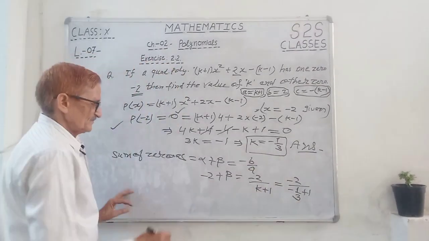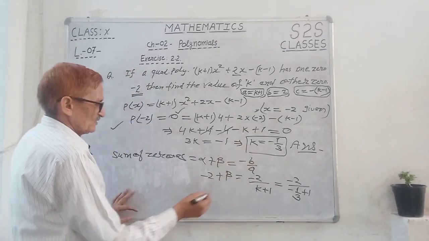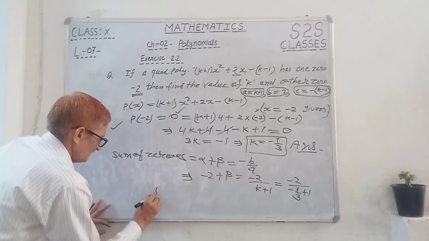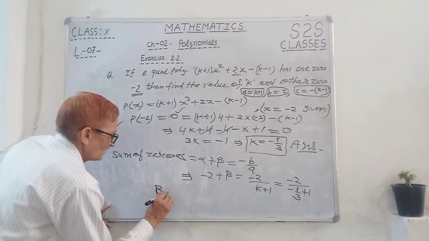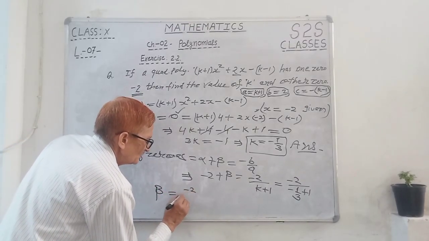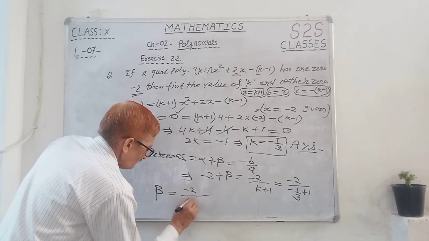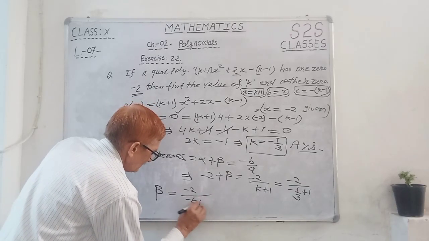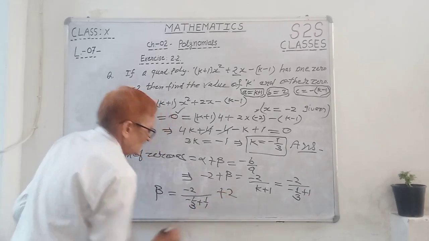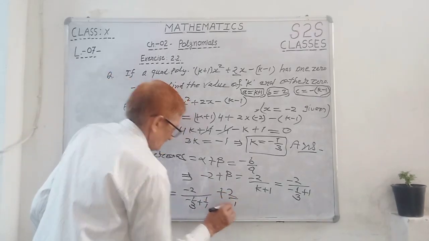Now simplify. Here minus 2 will go that side, then beta is equal to plus beta only, which we have to find as the other root. This will be minus 2 divided by (minus 1 upon 3 plus 1 upon 1) and plus 2. Simplify this.